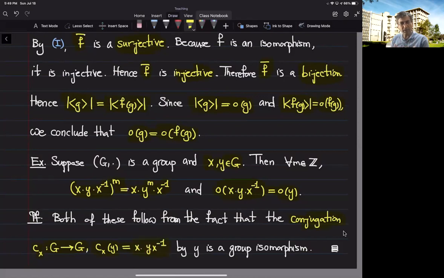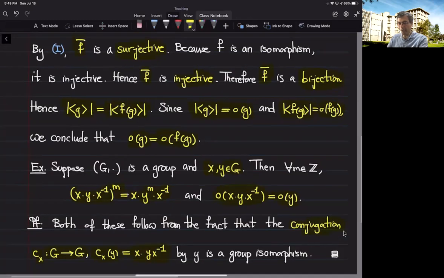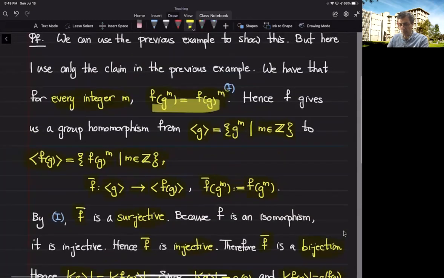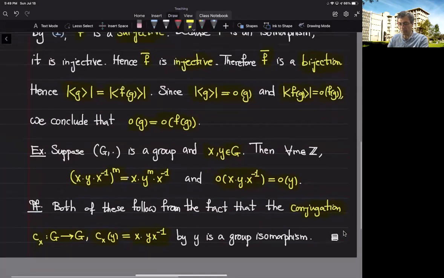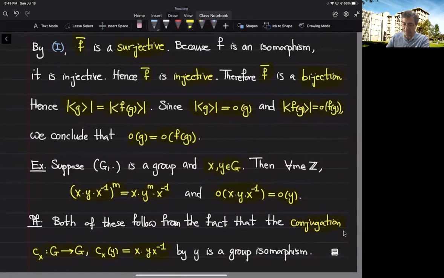Now that this is a group isomorphism, I can apply this rule. Applying this rule, we deduce, let's write it over here, c sub x of y to power m is c sub x of y raised to power m. And that's exactly this equality.